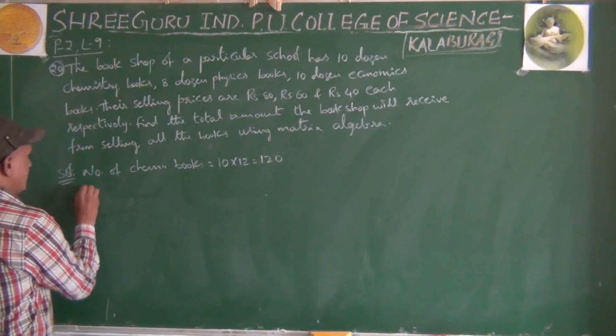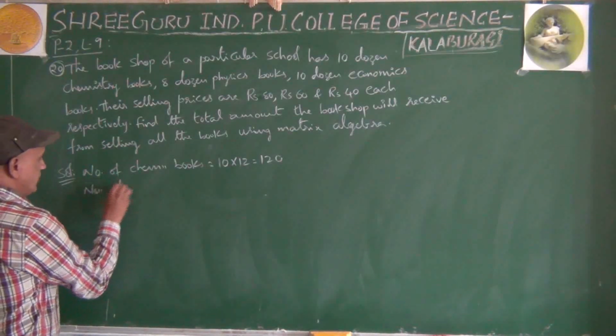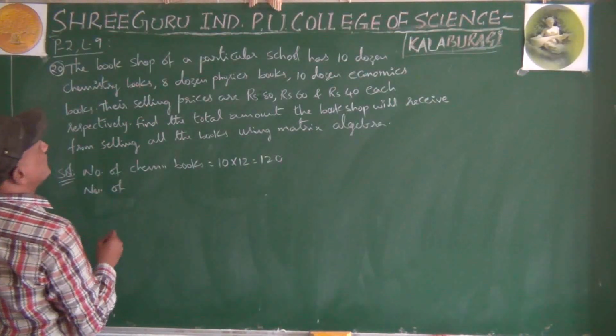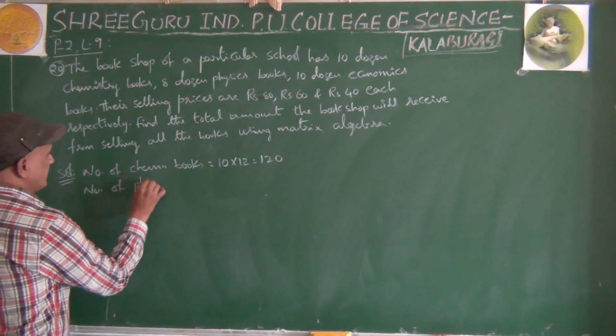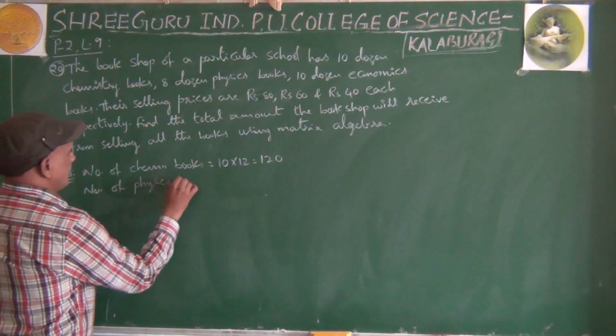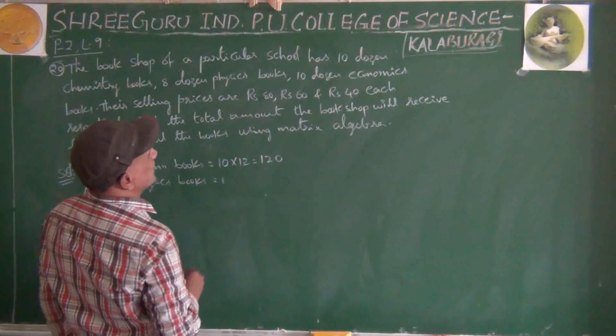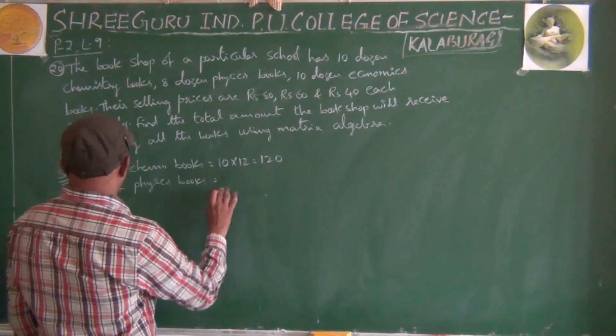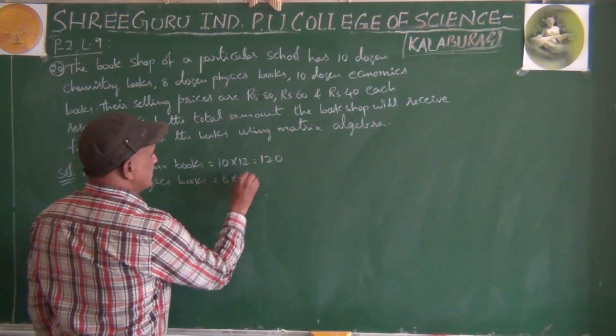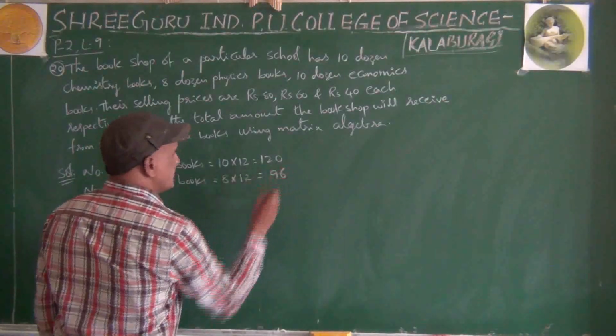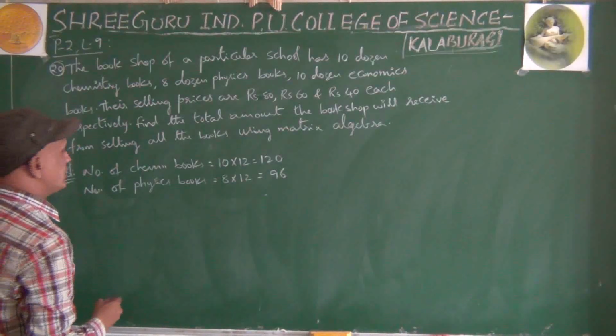Number of physics books equals 10 into, sorry, how many dozens of physics books? 8 dozens. 8 into 12, 96. 10 dozens of economics books.